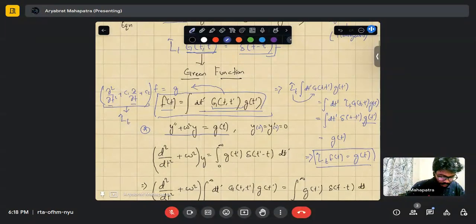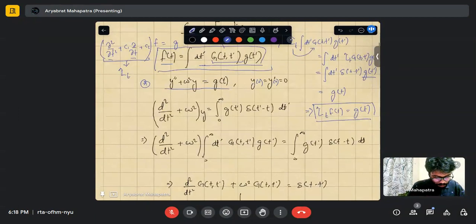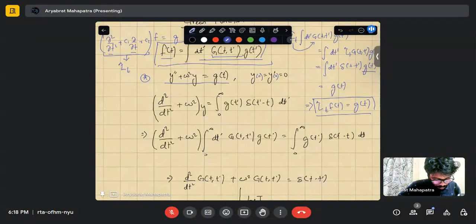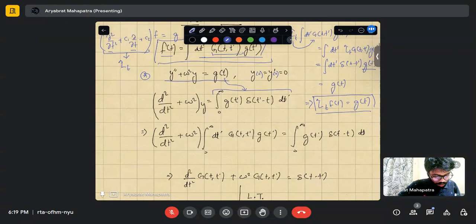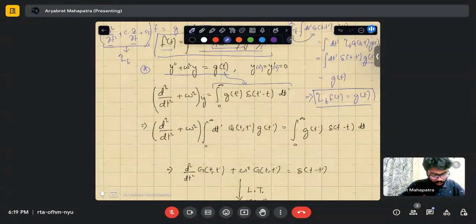The other way of saying the same thing is that when you take your g, here I am writing g in terms of an integral of a delta function, because that again uses the property of the delta function.